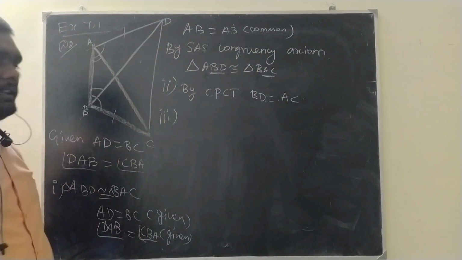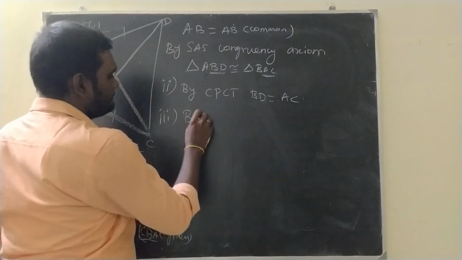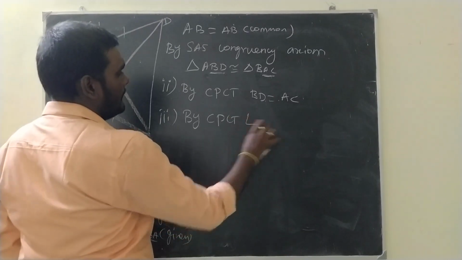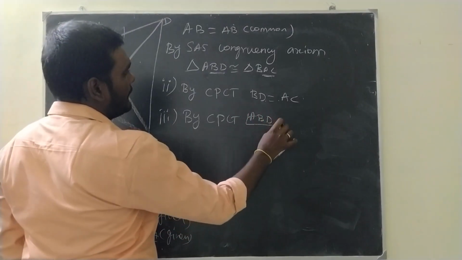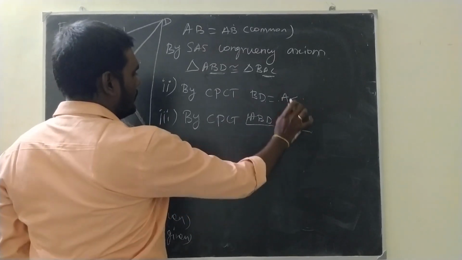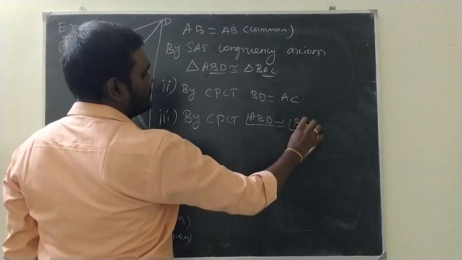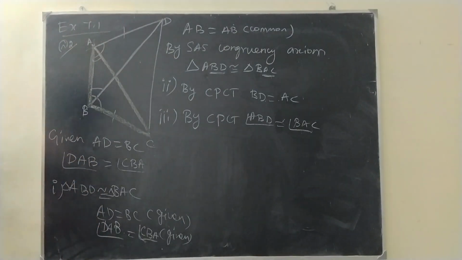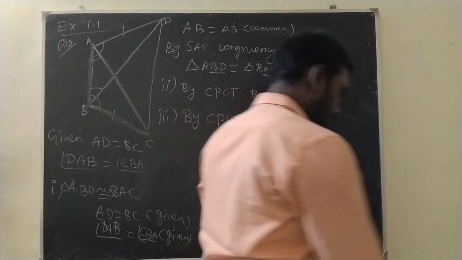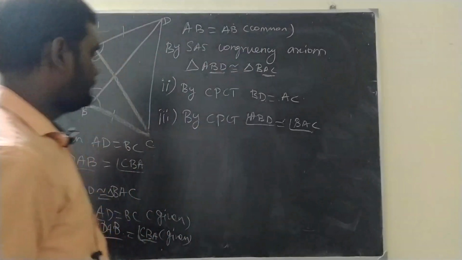Is it or not? Corresponding angles. So that is also by CPCT, angle ABD is congruent, equal to angle BAC. That is all. Shall I erase? Yeah, okay, good.